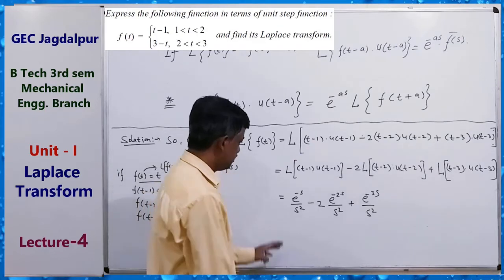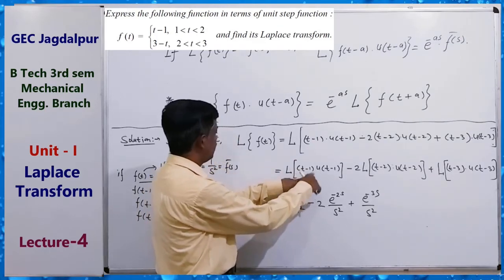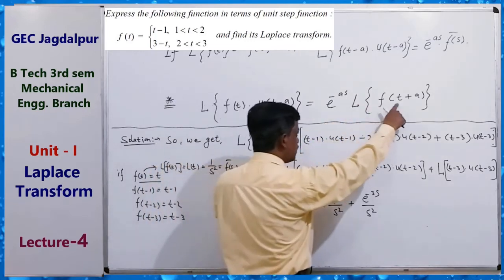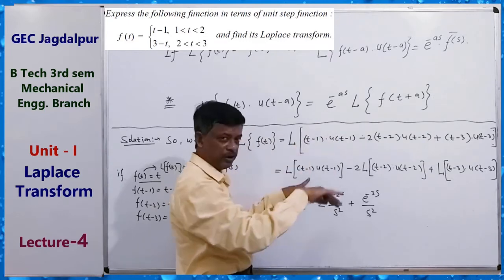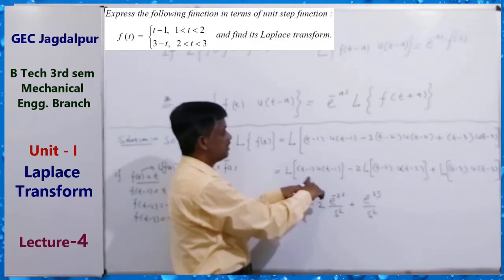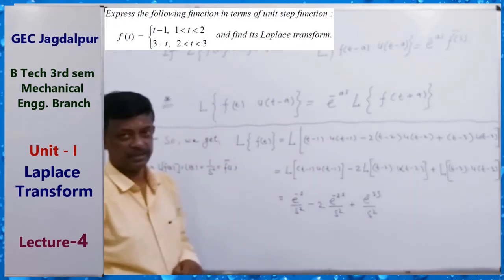You can also use the other formula. How? In place of this, f(t) equals t minus 1, so L(f(t plus 1)) means t minus 1 plus 1, so L(f(t)) equals 1 by s square.